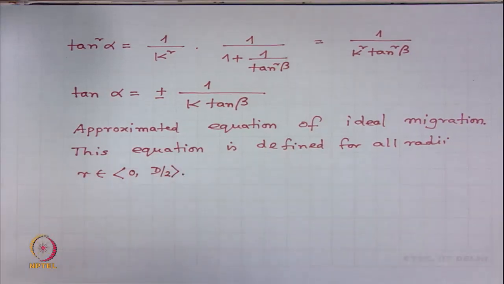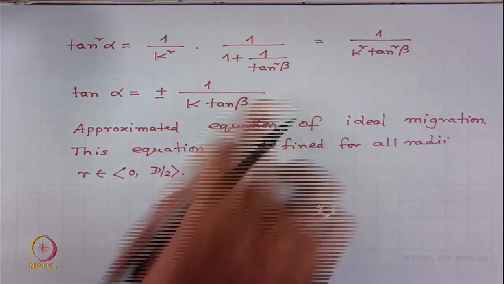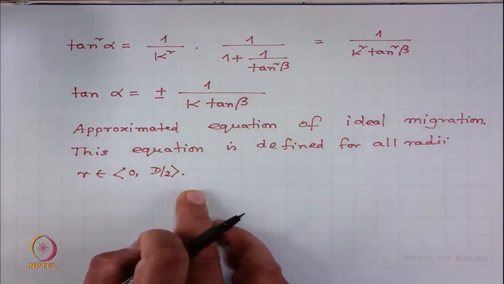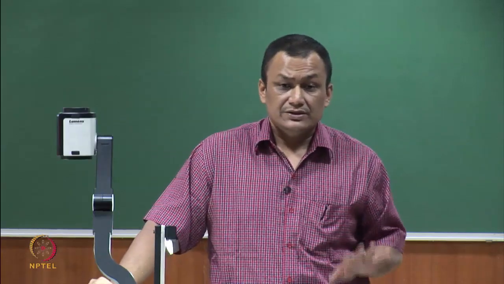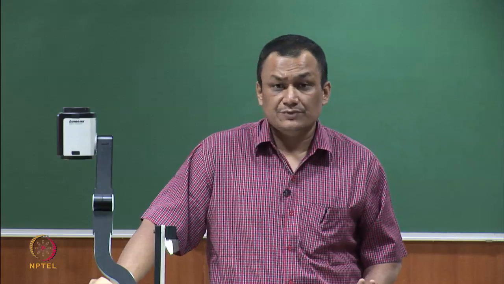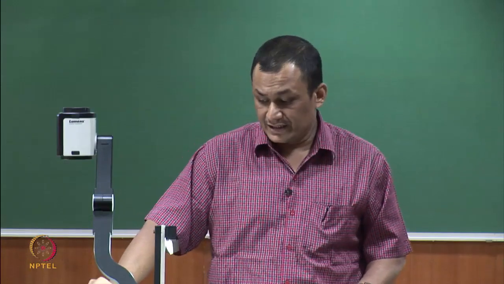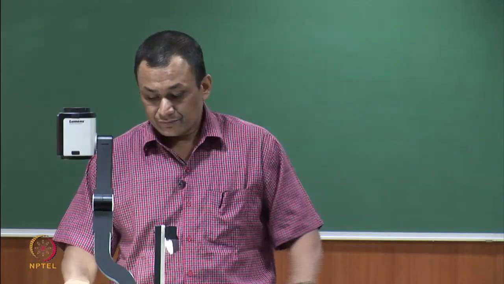So, one problem is over. What was the second problem? Second problem of the fundamental equation: the analytical solution of the integral was not possible. Let us see if it is possible here.